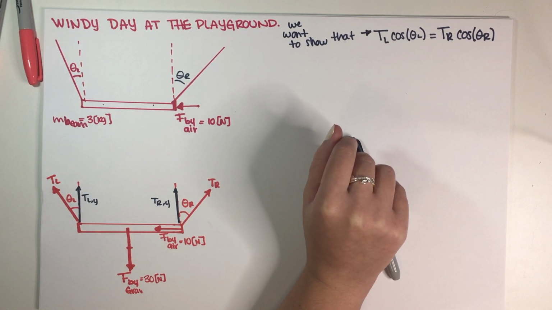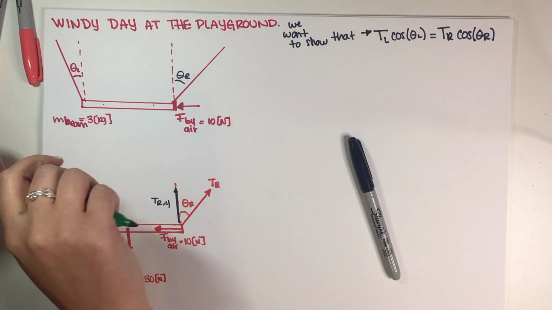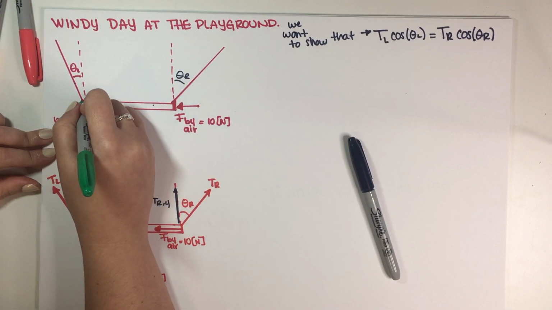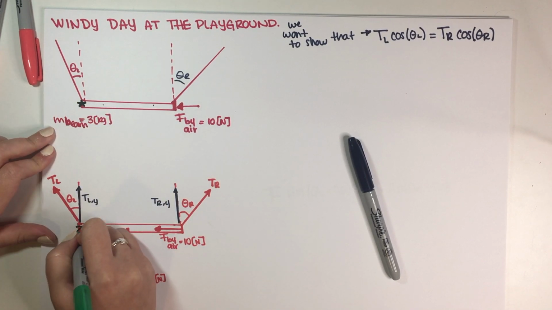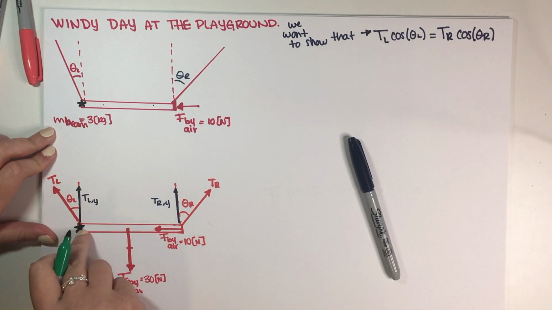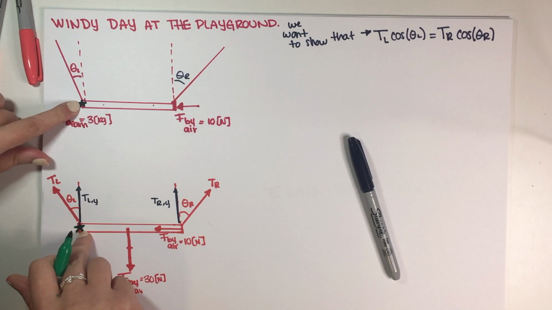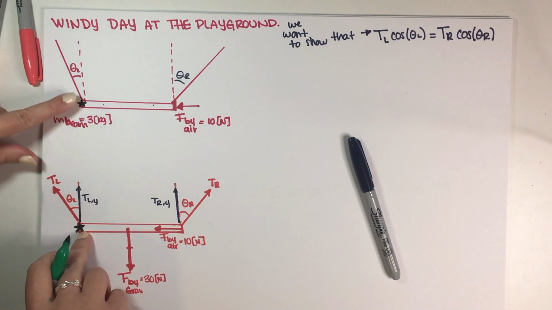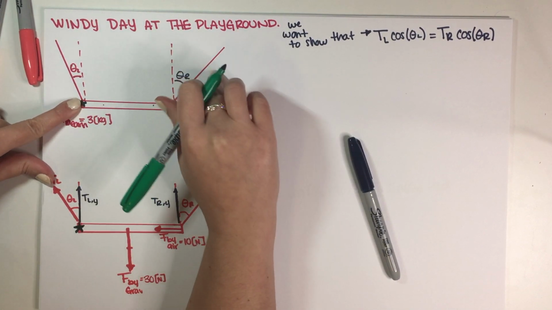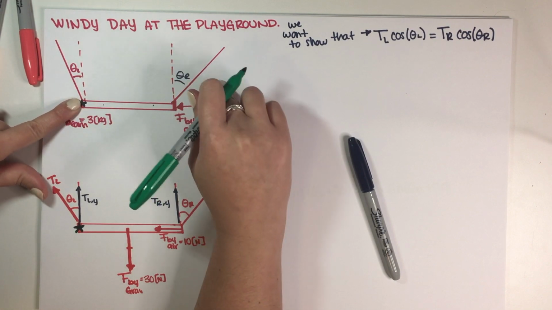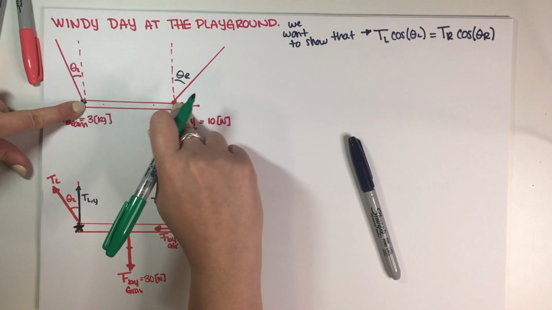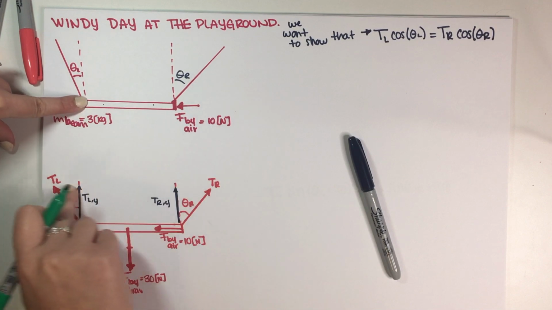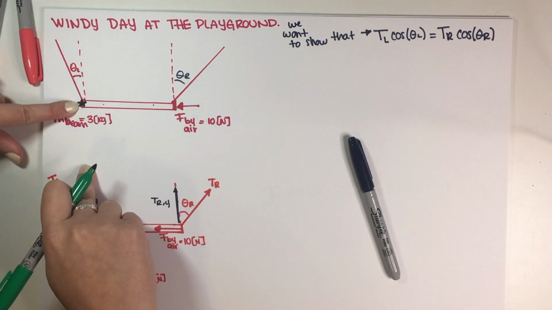To me, one of the very natural pivot points of this problem would be this side of the beam. And why am I calling this point a natural pivot point? Well, that would be because if I break this string, then this beam is going to start rotating around this pivot point.